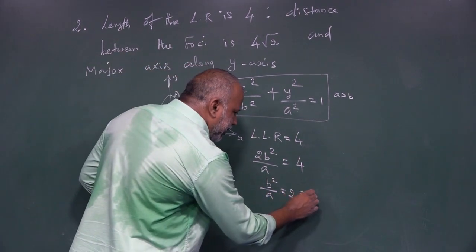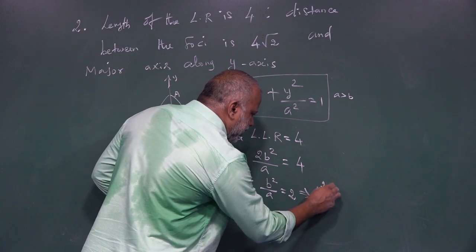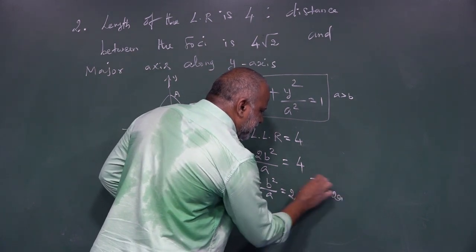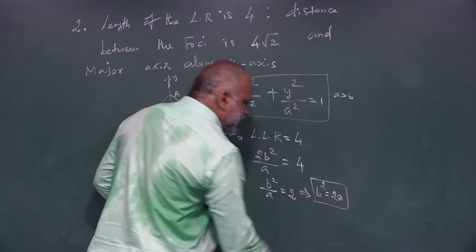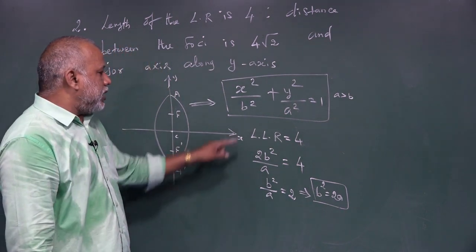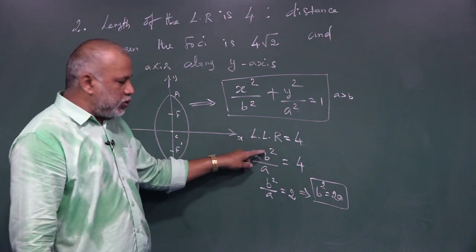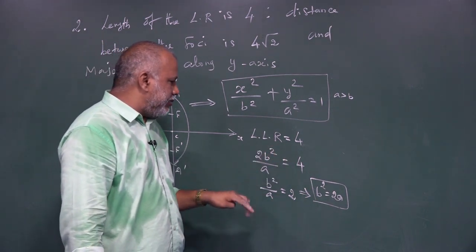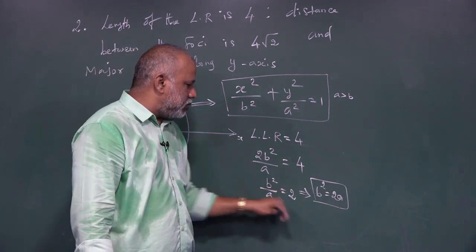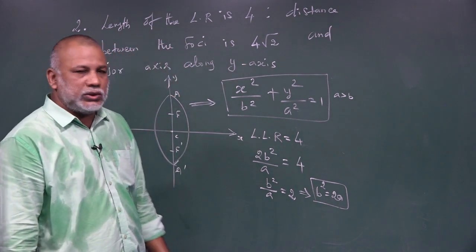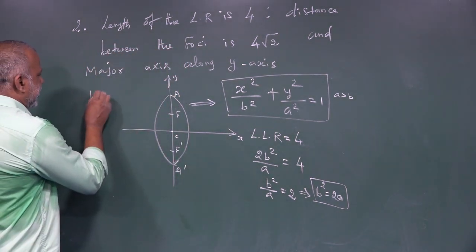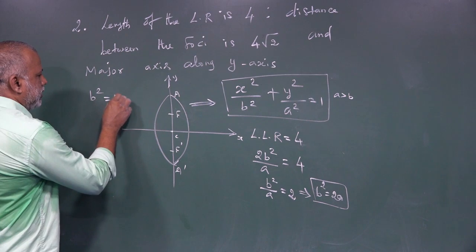Cross multiplying, we get b squared equal to 2a. This is the second information. So, 2b squared by a equal to 4, the 2 is removed, b squared by a equal to 2, and cross multiplying, b squared equal to 2a.